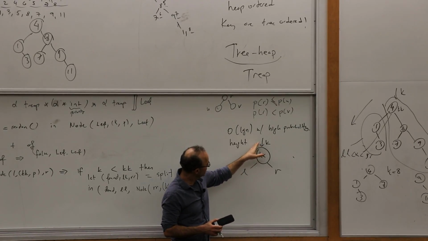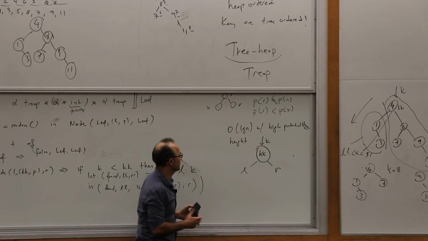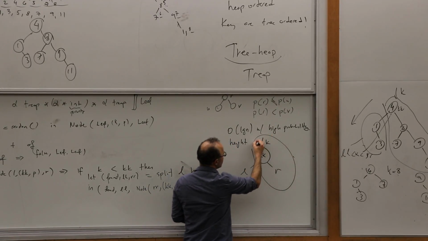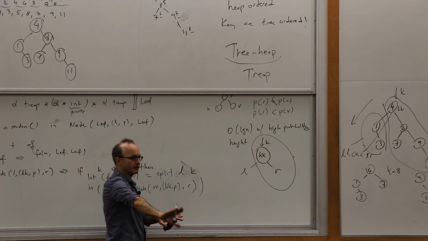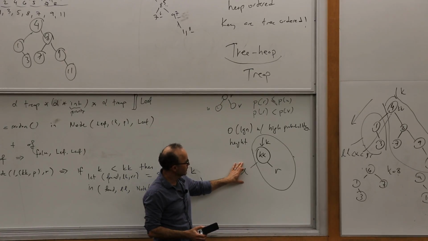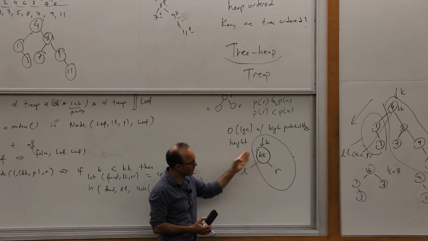So let's say it's less than KK. So we're going to go down here. If it's less than KK, what I know is that this stuff here is going to be on the right-hand side of my return. But this stuff here contains keys that are both greater than and less than KK.